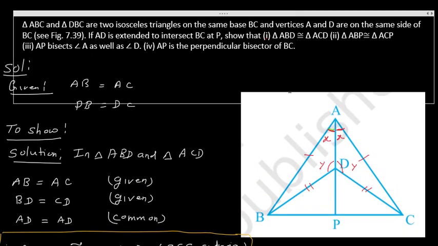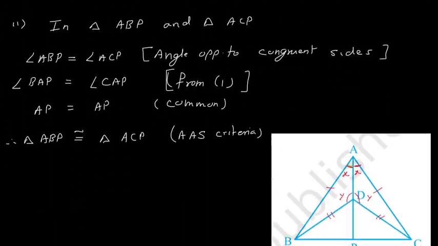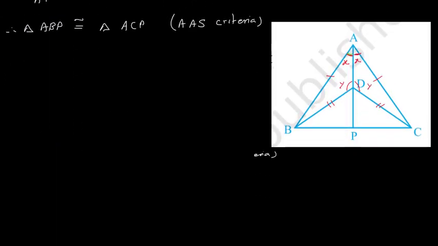The third part is AP bisects angle A as well as angle D. But before that, as these two triangles are congruent, I will say that BP equals CP, and angle APB is equal to angle APC.